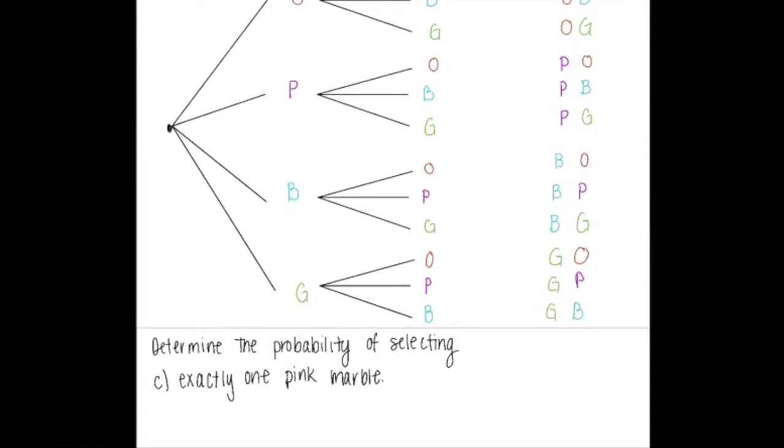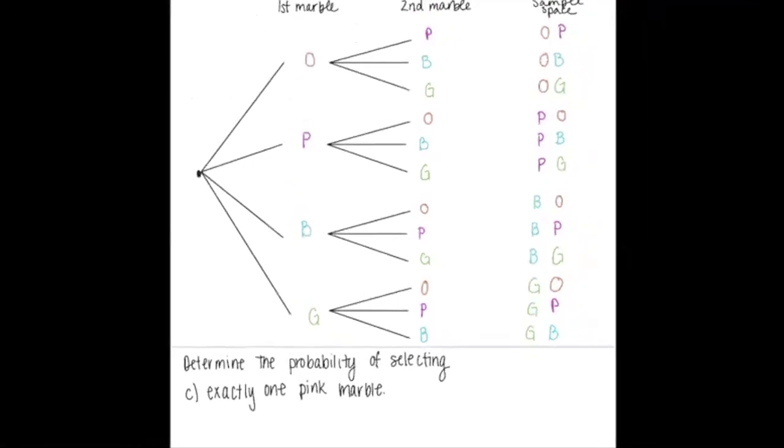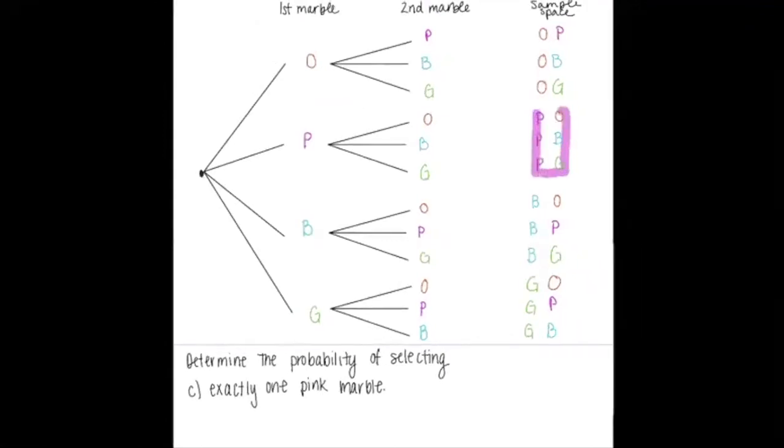If we did not have this list, I definitely could not keep track in my head of every possible outcome. Because in total, we have 12 events. How many of these have exactly one pink marble that's selected? So there's 3 here. Those have exactly one pink. Any others? Yeah. So this has one pink. This has exactly one pink. And this one, same thing, exactly one pink.